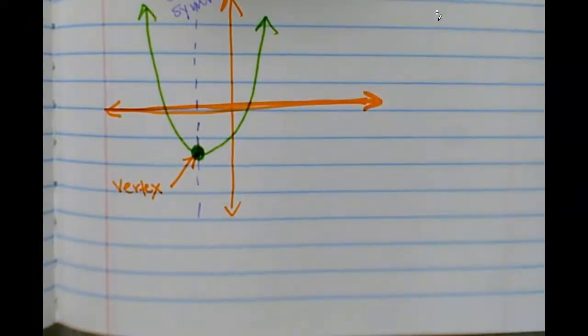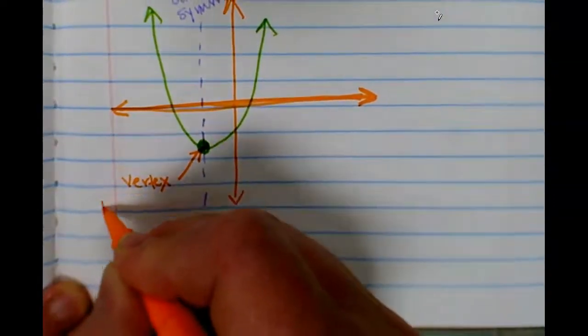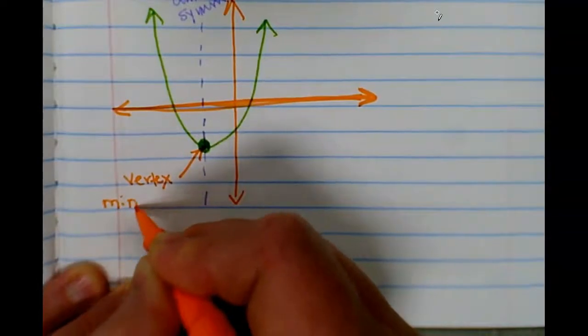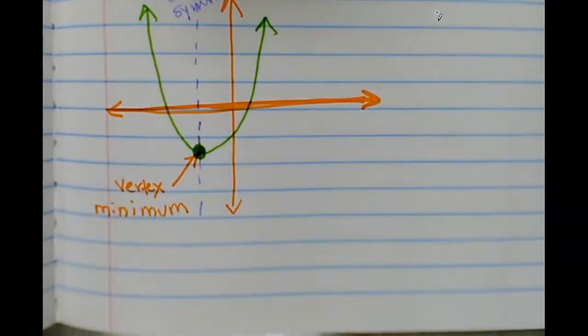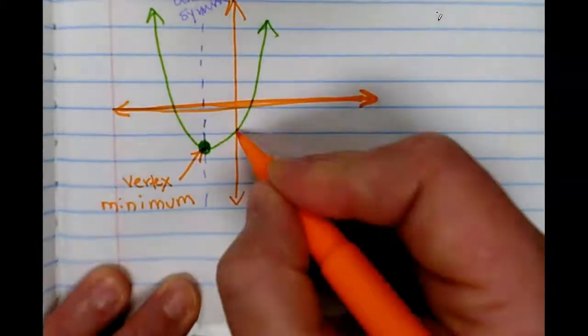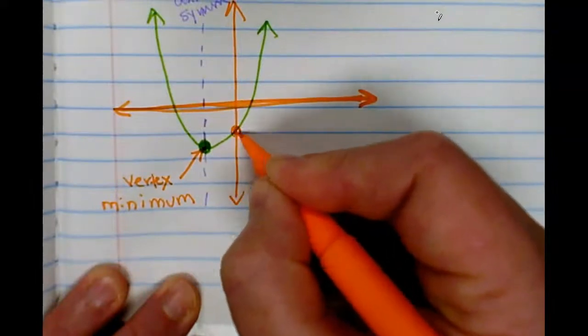In this particular parabola, do you know why I would call this point the minimum point? Because it's at the bottom. And so on this particular example, the vertex is the minimum. What would I call that point right there?